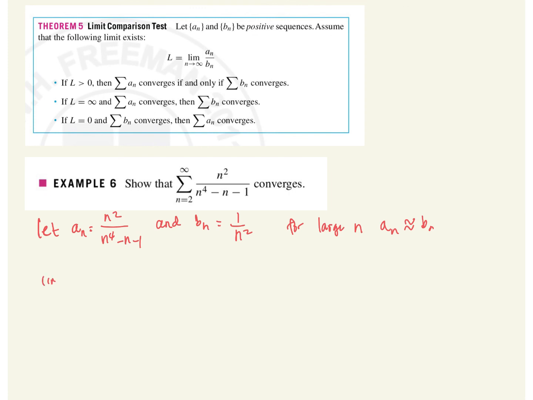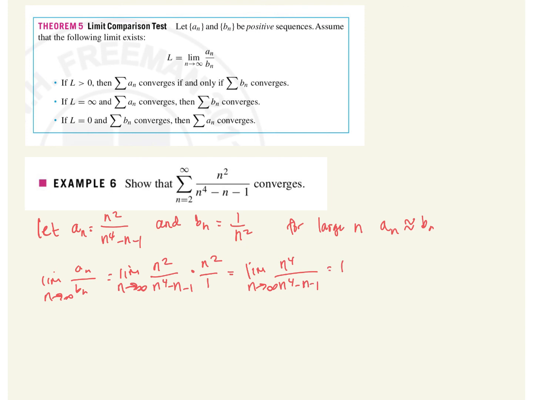So if we take the limit as n approaches infinity of a sub n divided by b sub n, we would then have the limit of n squared divided by n to the fourth minus n minus 1 times the reciprocal, n squared over 1, which is equivalent to the limit as n approaches infinity of n to the fourth over n to the fourth minus n minus 1.